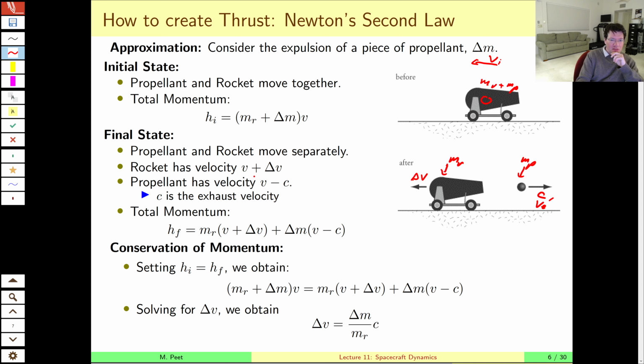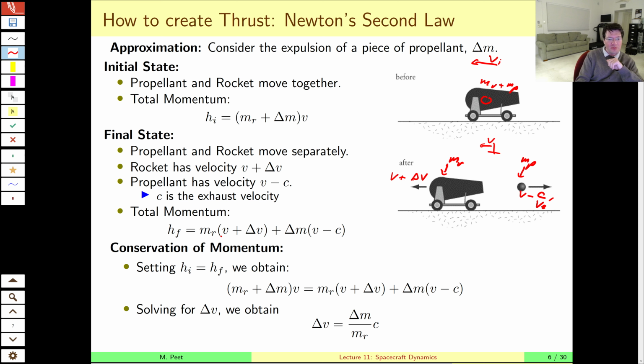After firing the cannon, the rocket has a velocity v plus delta v, and the propellant has a velocity v minus c. So the propellant is going in this direction. The whole system, the inertial frame, is moving with a velocity v, hence the source of v.